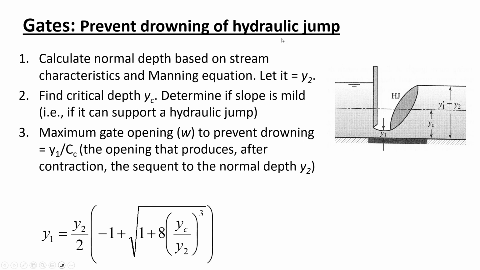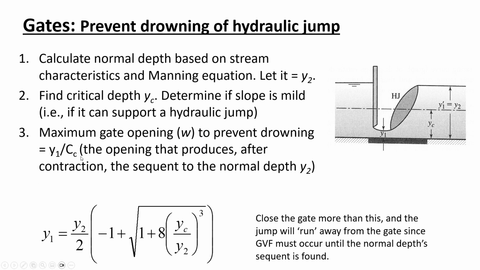Here, what we're trying to do is find out how big we can open the gate. We don't want to open the gate so much that the hydraulic jump comes towards the gate and is drowned. Then we want Y1 to be the unknown, because Y1 is going to tell us how large we can open the gate W if we divide it by the coefficient of contraction.